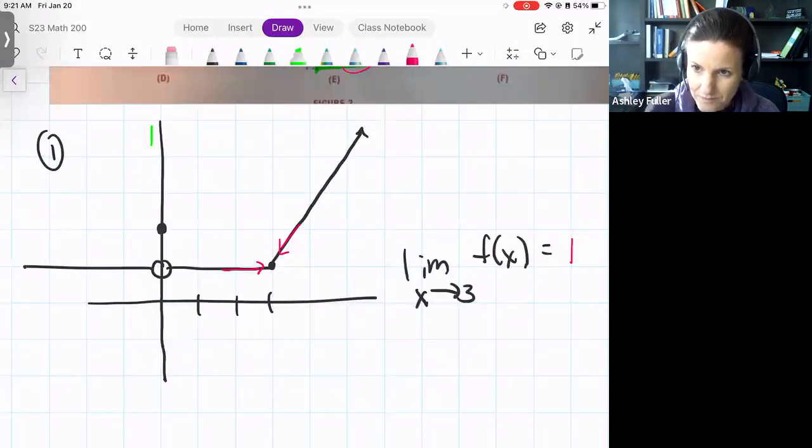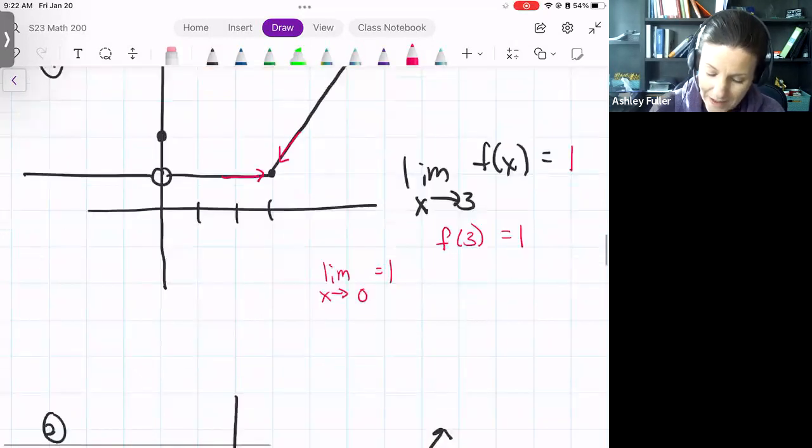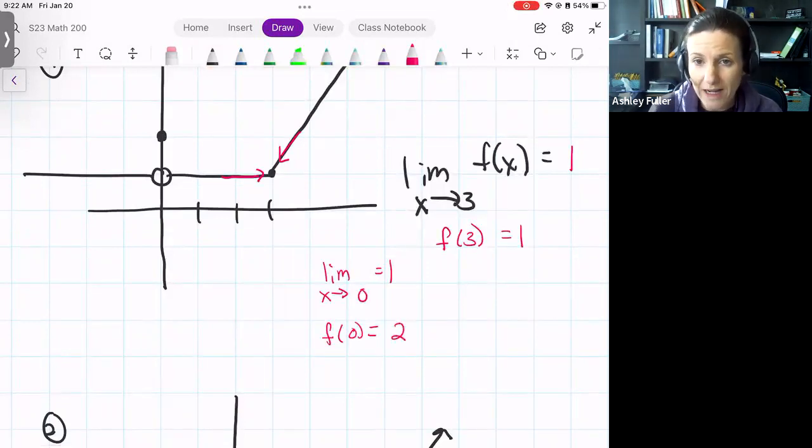However, f of 3 also equals 1. Notice if we look at the limit as x approaches, say, 0 in this case, it equals 1, but the f of 0 actually equals 2. So they don't have to be equal for the limit to exist.